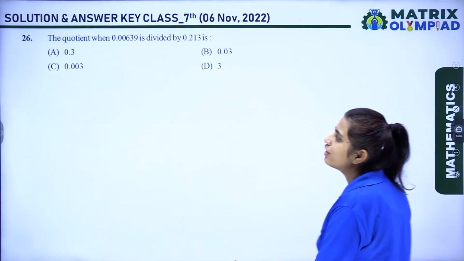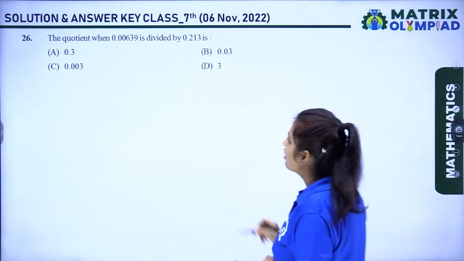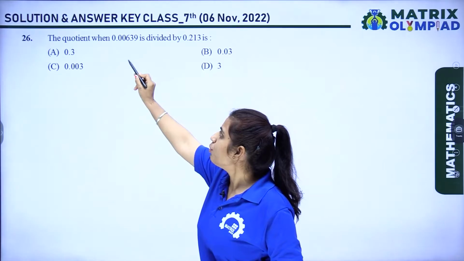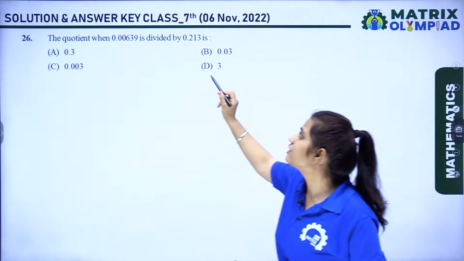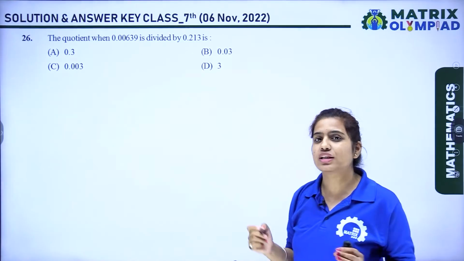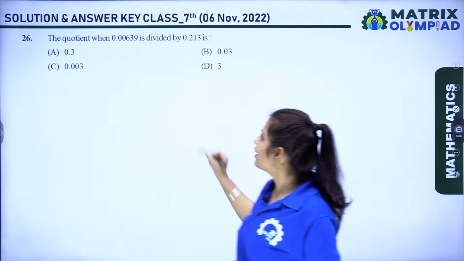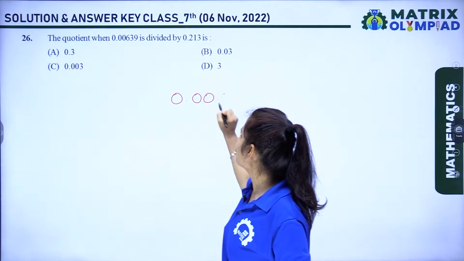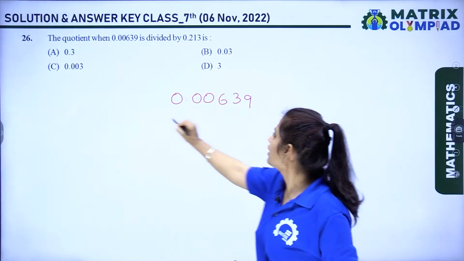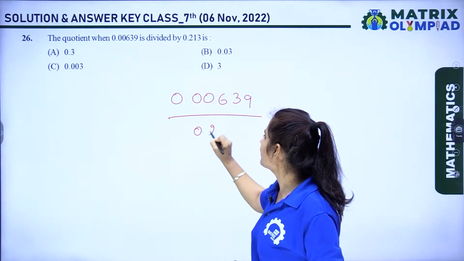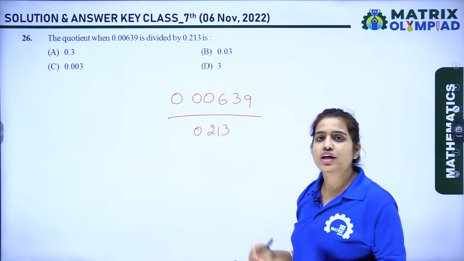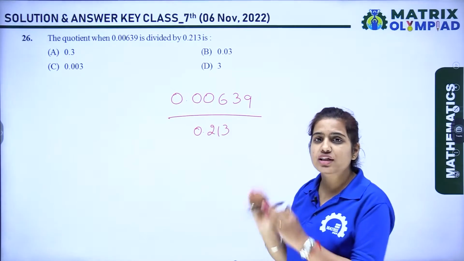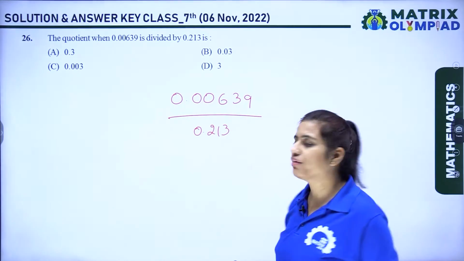Now let's solve question number 26. The quotient when 0.00639 is divided by 0.213. So here let's divide 0.00639 by 0.213. First of all we are going to convert these decimal numbers into fractions.